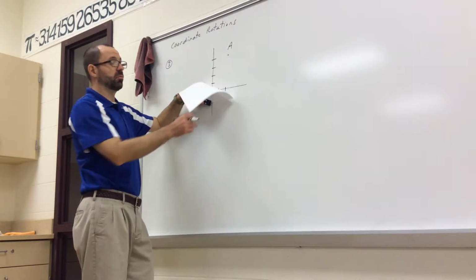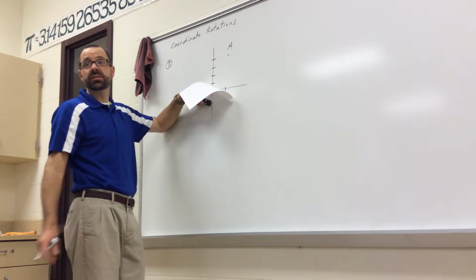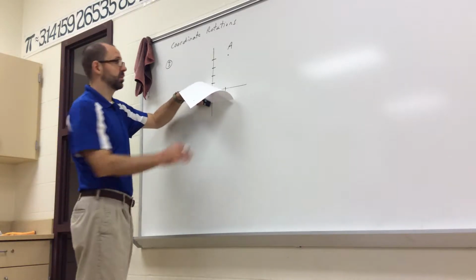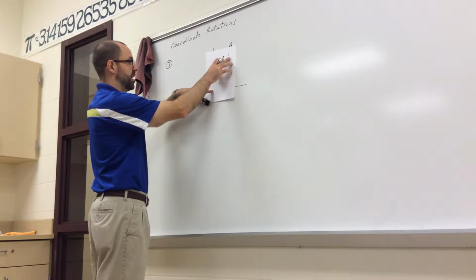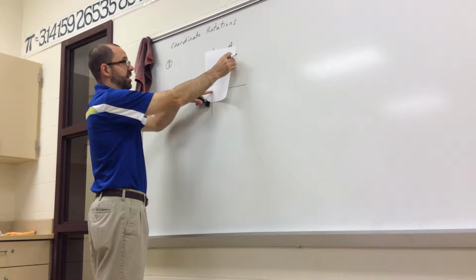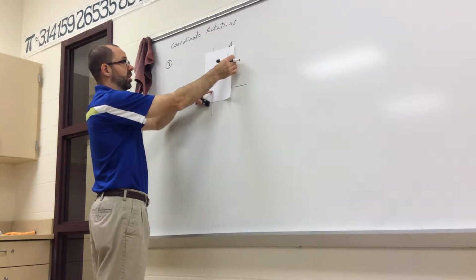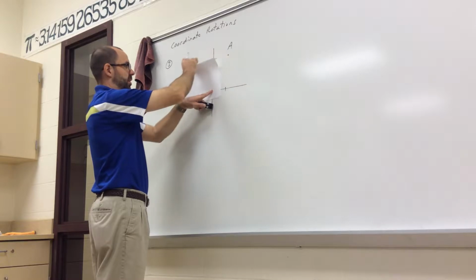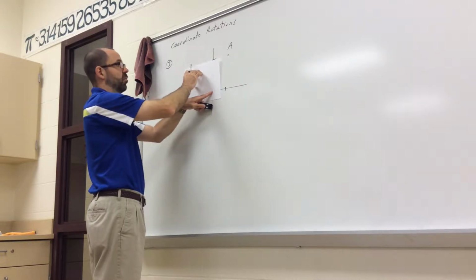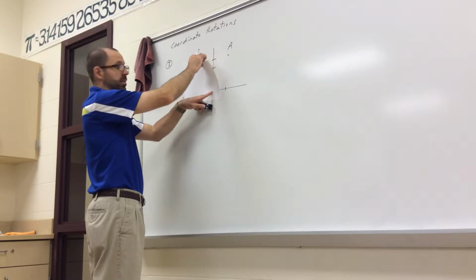And what we're going to do is we're going to rotate this 90 degrees. So that's 1/4 of a turn. Okay, so here's A originally, and I'm going to rotate it positive 90, that's this way, 1/4 of the way. So from there to there. And then you've got to figure out where A ends up.